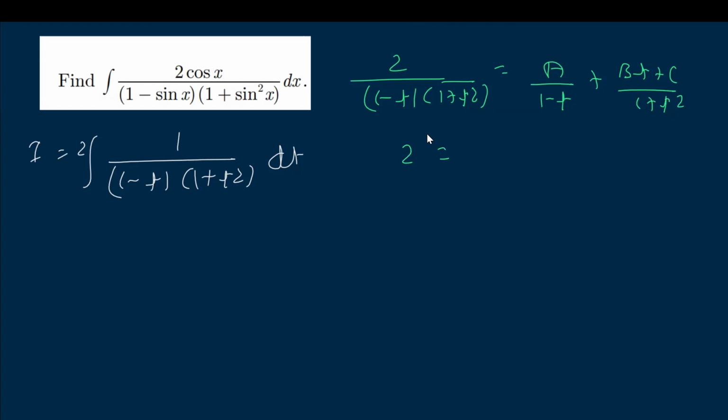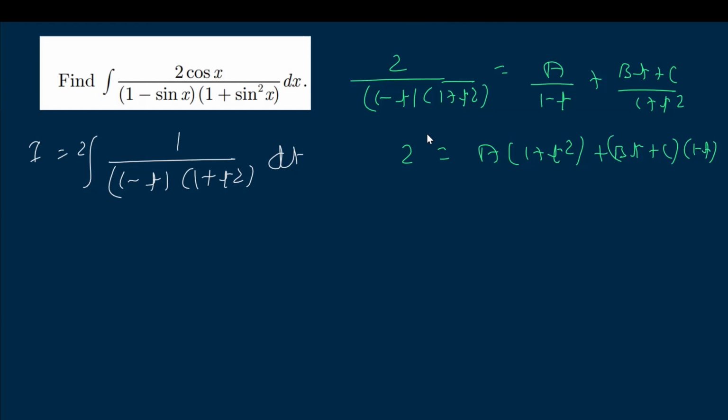Now simplifying this, this is going to be a times 1 plus t square plus bt plus c times 1 minus t.